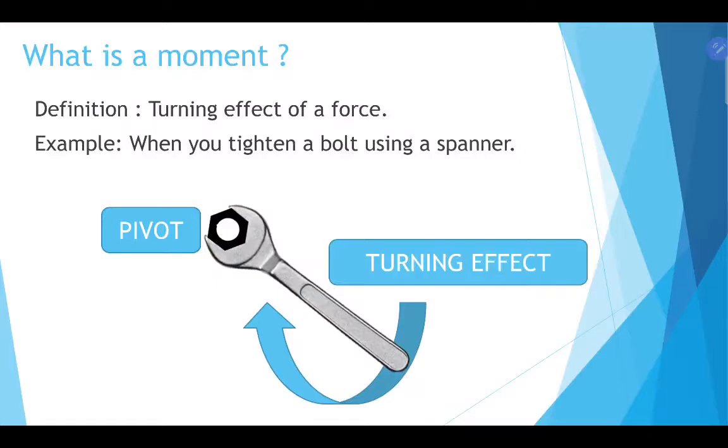This movement is a turning effect, and this is an example of a moment. In this case, the turning effect is in a clockwise direction, because you're turning it to the right. I mean left, because you're turning it to the left.